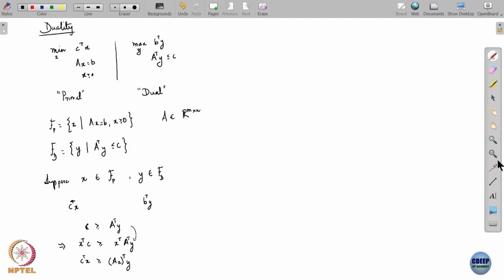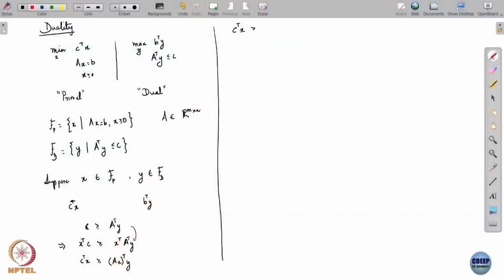Now, I make my other observation. My x belongs to F p, which means A x is actually equal to b. So, what this means is C transpose x is greater than or equal to B transpose y.